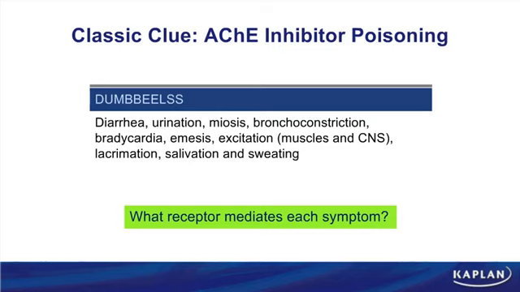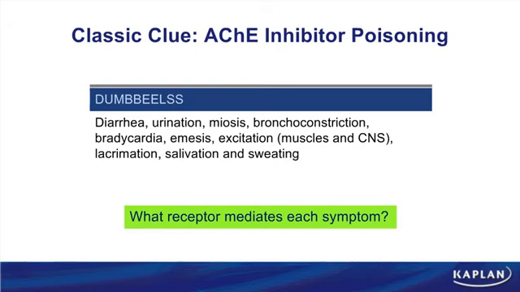Emesis, the fact that you can get some nausea and vomiting with acetylcholinesterase inhibitor poisoning, perhaps that's related to M1 receptors in the CNS. Now, excitation, we're going to skip that one just for a moment. We'll come back to that. Lacrimation is M3.